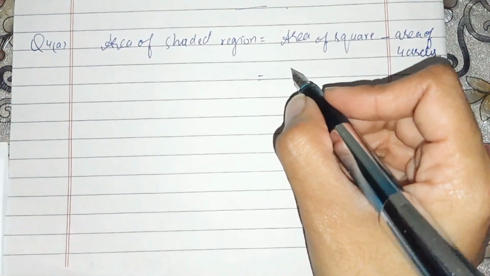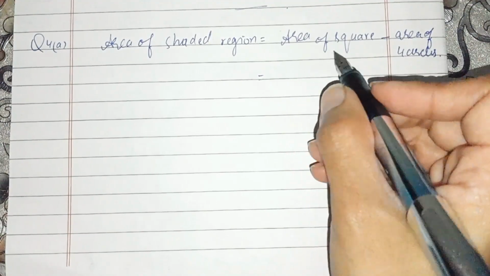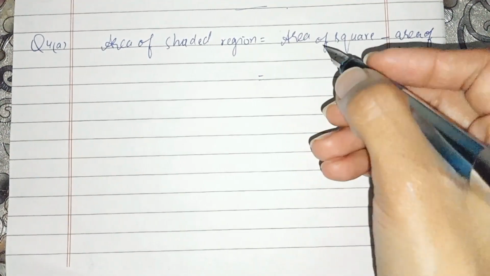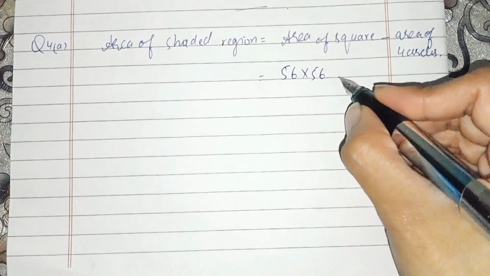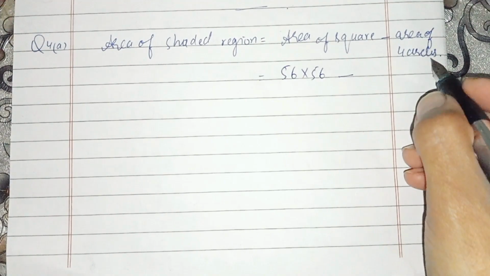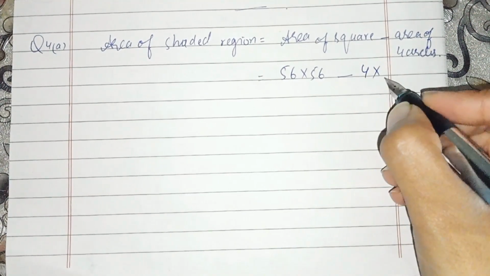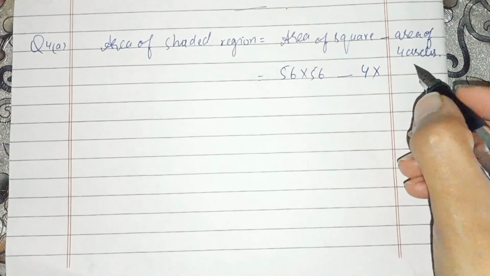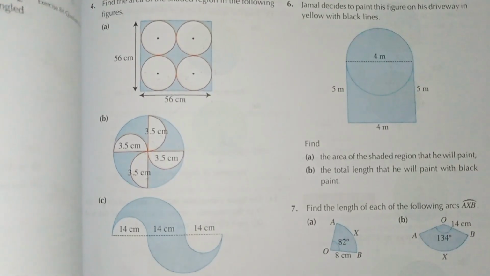Area of square: we saw that the length of one side is equal to 56, so 56 multiplied by 56. And area of 4 circles: we know the formula for area is pi r square, and there are 4 circles, so 4 pi r square. And observe the radius of the circle from this diagram.